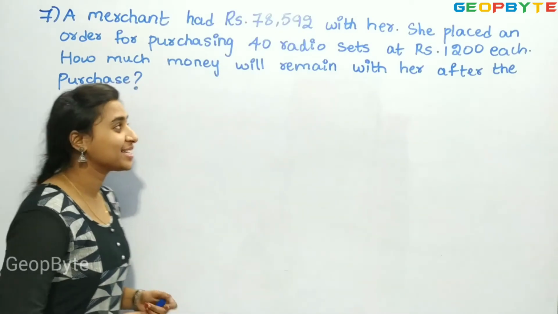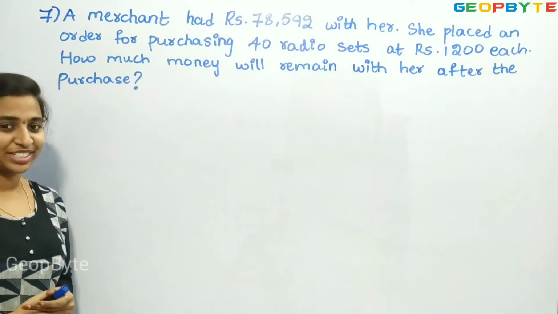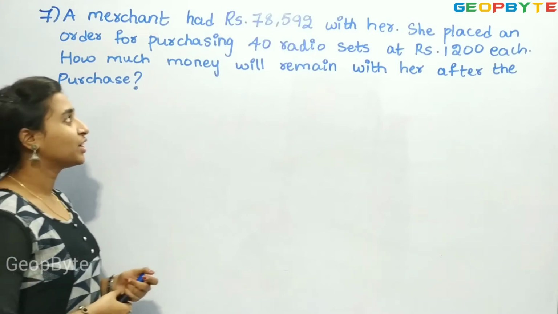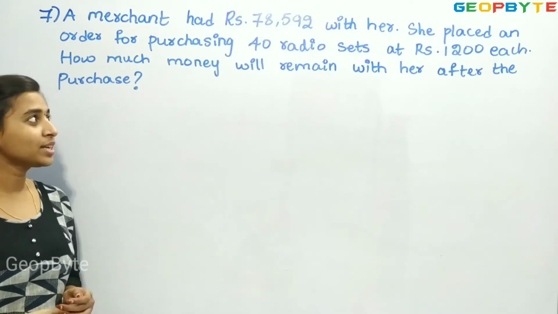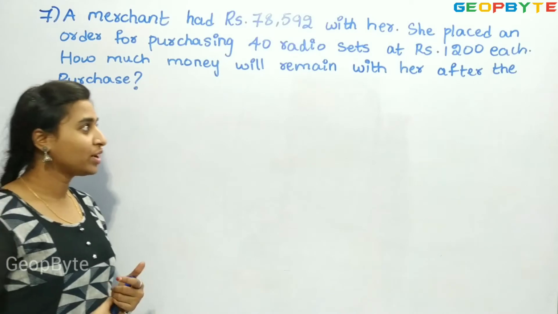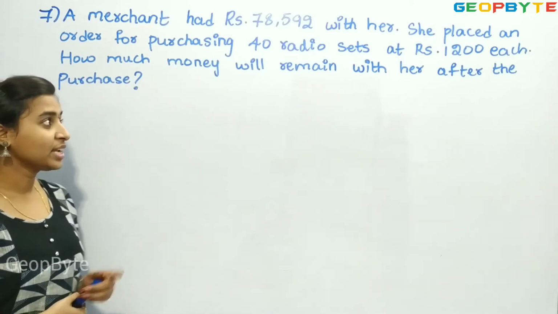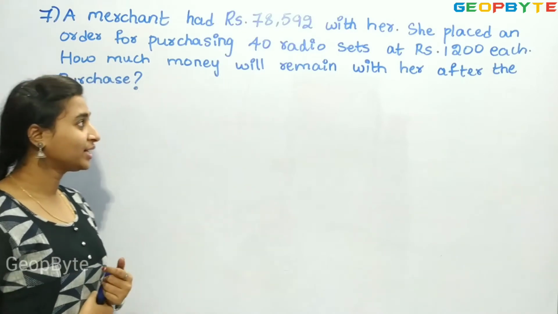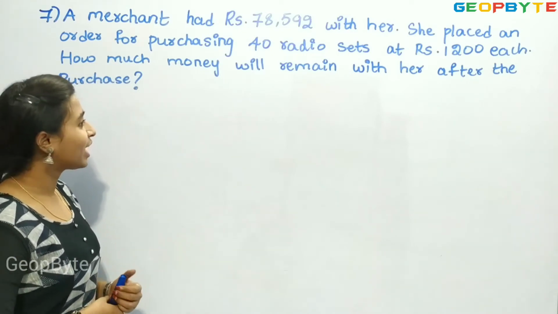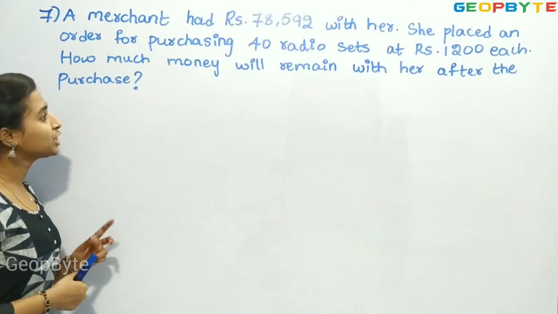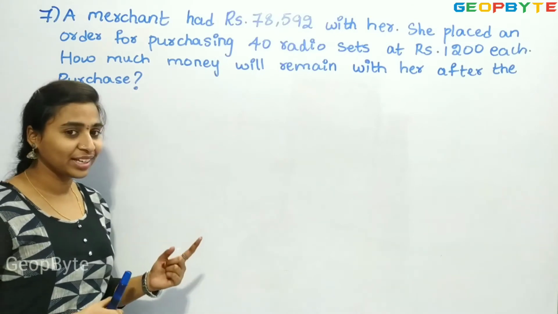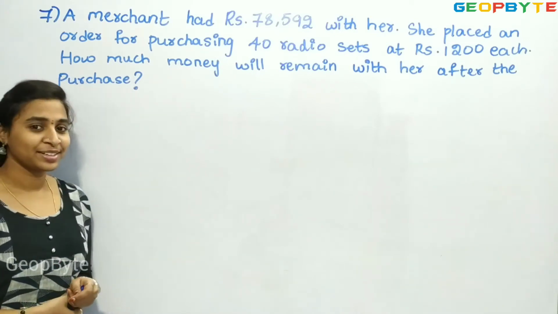Now, let us see 7th question. A merchant had rupees 78,592 with her. She placed an order for purchasing 40 radio sets at rupees 1200 each. How much money will remain with her after the purchase? Right?